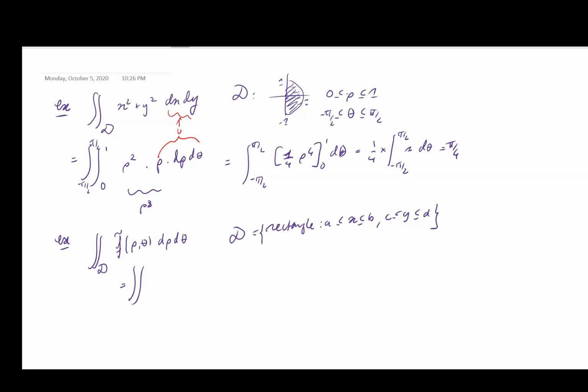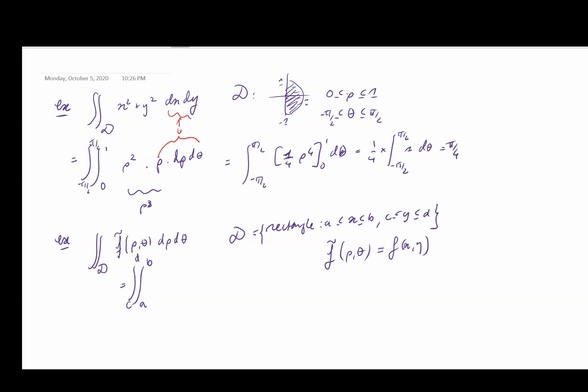So, well, let's see what we have. First, we change the bounds of the integral. So this time it's going to be very clear. I'm going to have a, b for dx and c, d for dy. Then let's assume you know how to write your function. So that's your function in terms of polar coordinates, and you know that it's equal to some function of the Cartesian coordinates.